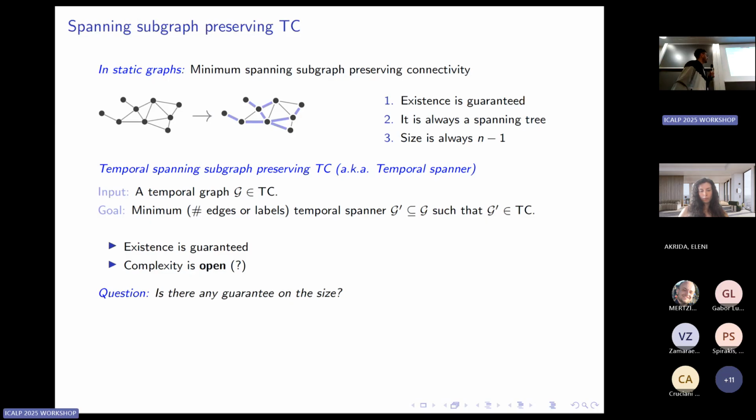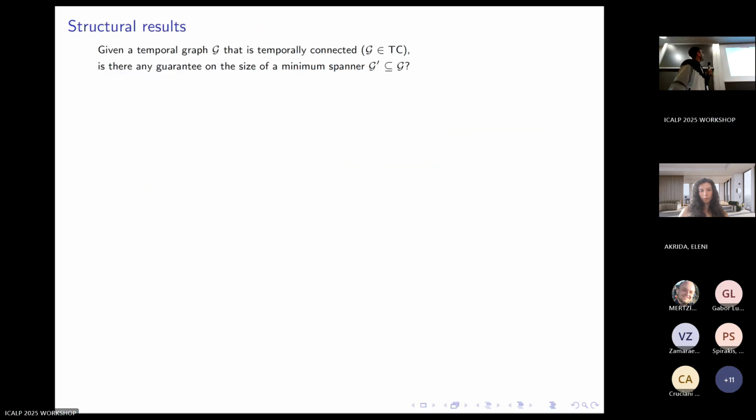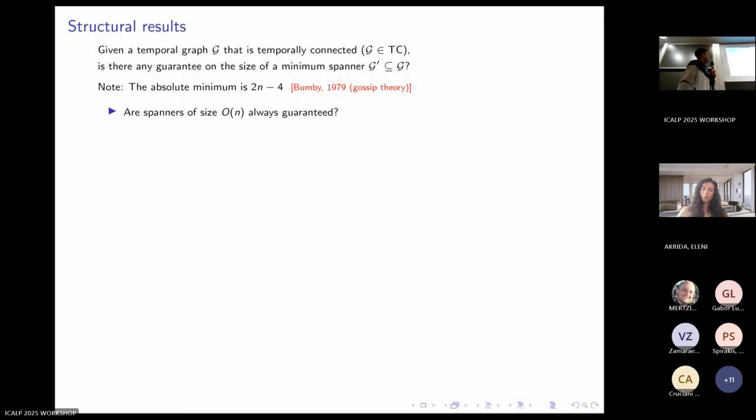We will look at the question: is there any guarantee on the sizes? The first result comes from gossip theory in 1979, saying that the absolute minimum for this problem is 2n-4, in the sense that you cannot temporally connect a graph if you are given fewer than this number of labels.